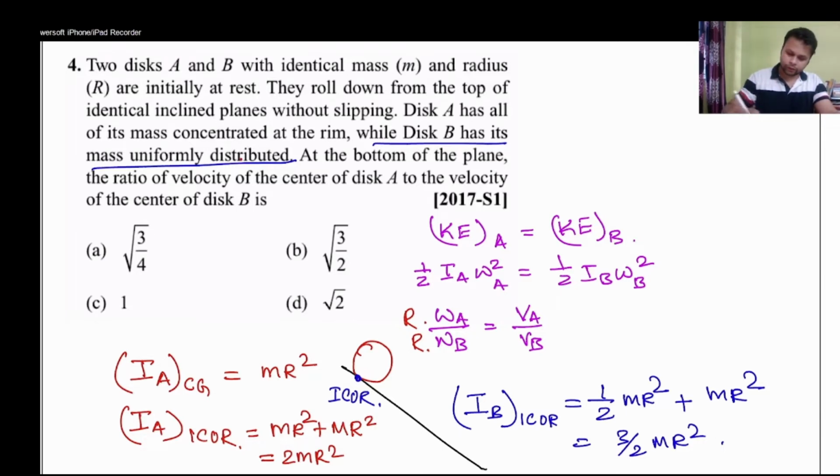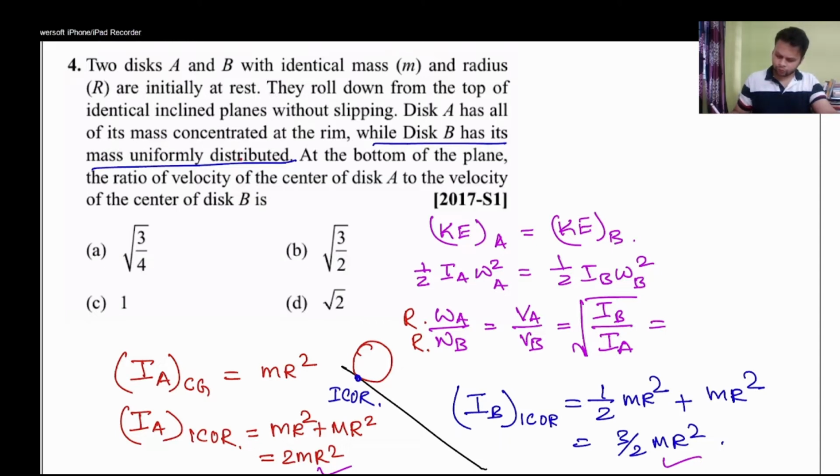So this will be equal to root of IB by IA. What is IB? IB is nothing else but 3 by 2 mr square, and IA is 2 mr square.